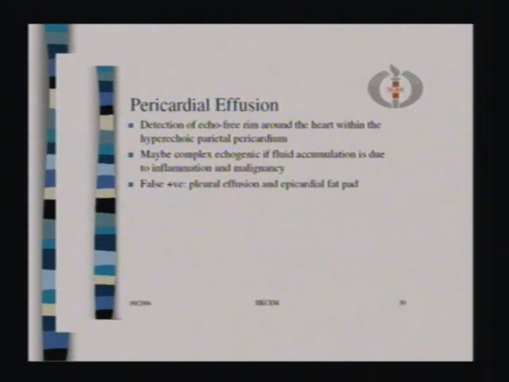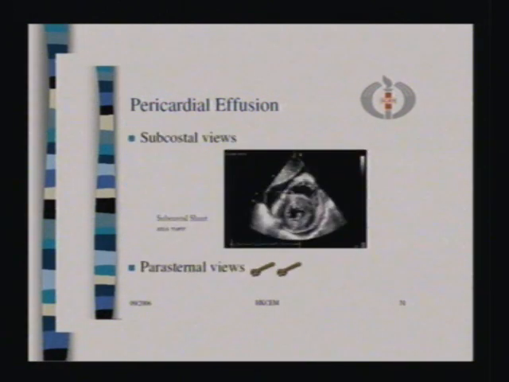False positives: you can have an epicardial pad of fat, but it is normally not echolucent, and pleural effusion may be confused with pericardial effusion, but there are certain differentiating points which we can discuss in a later lecture. In a subcostal view, here you can see the rim surrounding the short axis view of the left ventricle, and you can see that echolucent rim surrounding it.